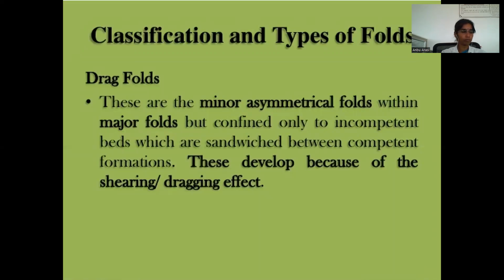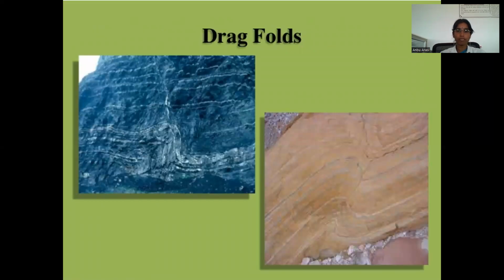Drag fold. These are minor asymmetrical folds within a major fold, but confined only to incompetent beds which are sandwiched between competent formations. These develop because of the shearing and dragging effect. These are drag fold examples.